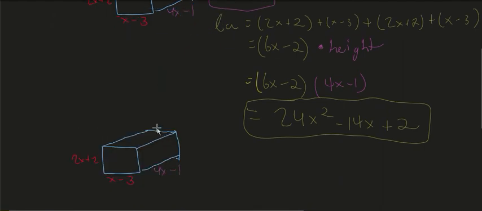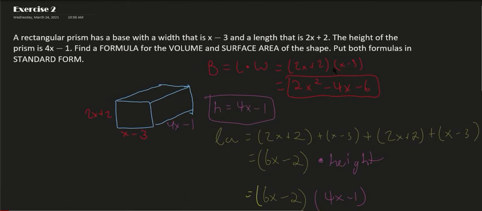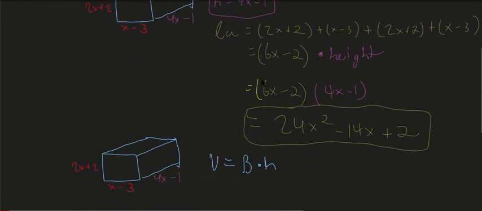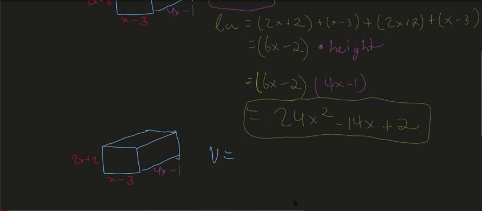And what we're now going to do is the volume. The volume equals base times the height. We already have the base, and we already have the height, so it's pretty straightforward.